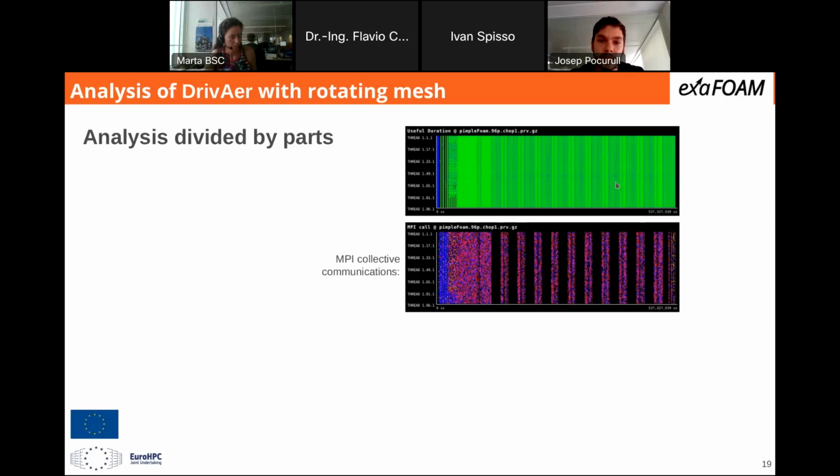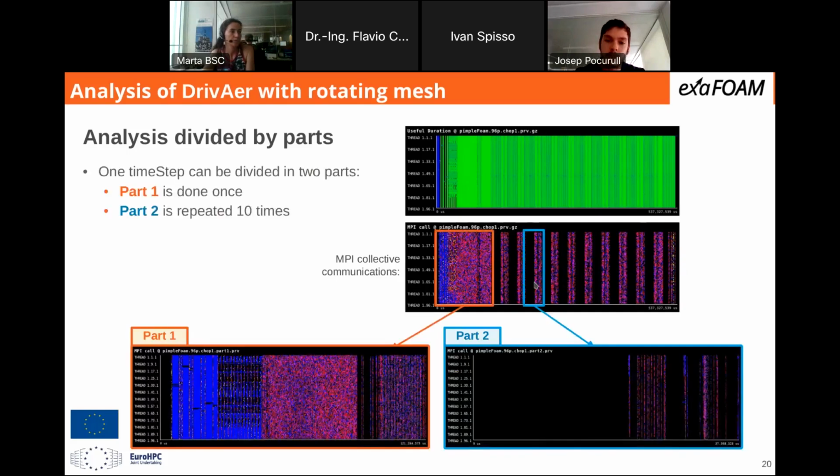As you can see, the useful duration view is not showing easily the different parts of the time step. With only the MPI collective communications, we were able to see that there were two different parts. The first one is done only once, and the second one is repeated 10 times in this time step.